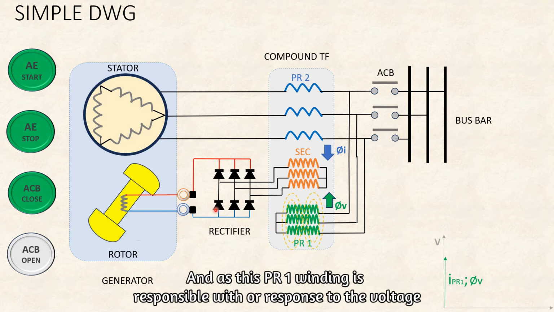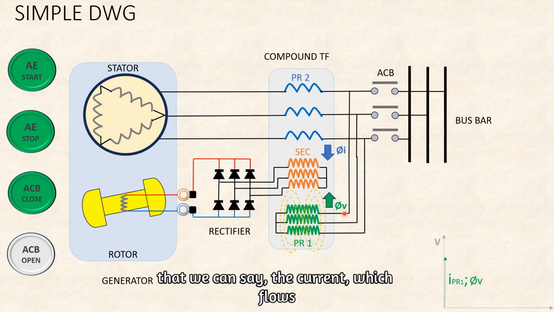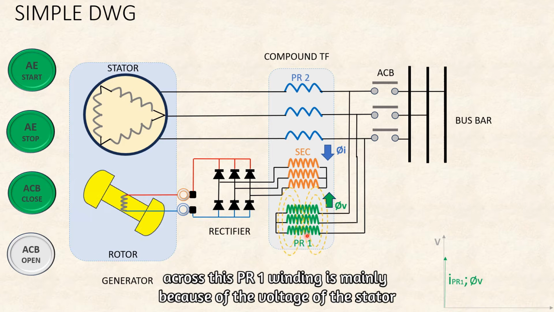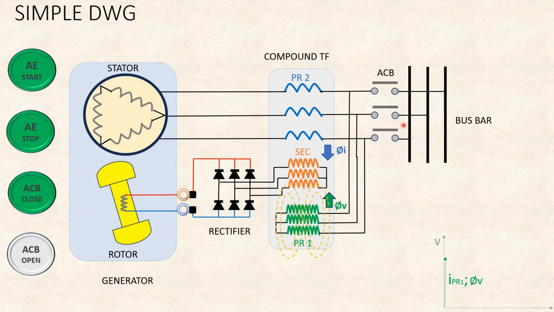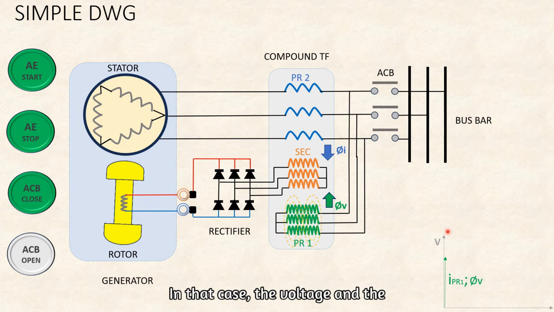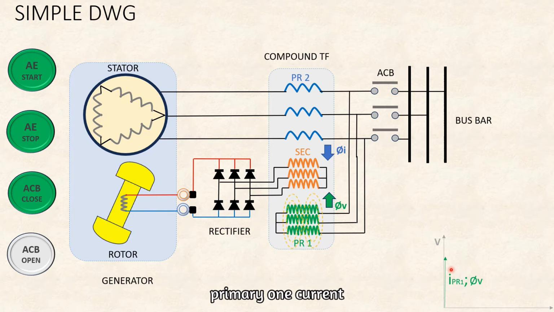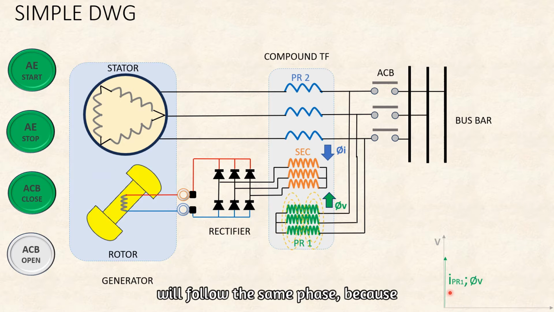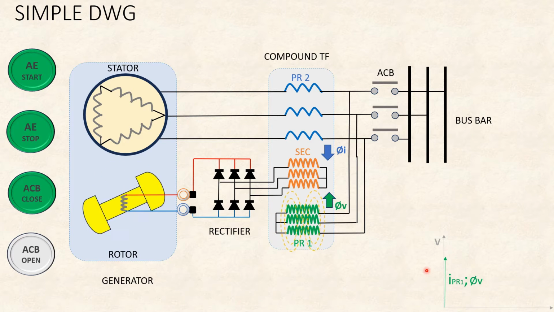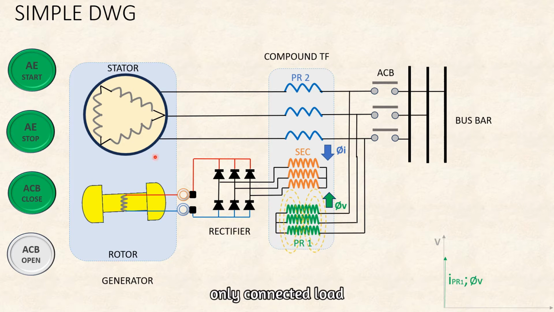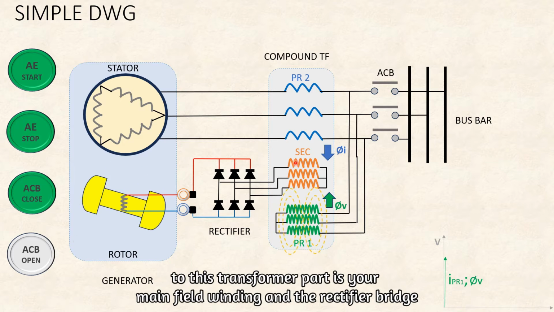As this PR1 winding responds to the voltage, we can say the current which flows through this PR1 winding is mainly because of the voltage of the stator. In that case, the voltage and the primary 1 current will follow the same phase, because the only connected load to this transformer part is your main field winding and the rectifier bridge.